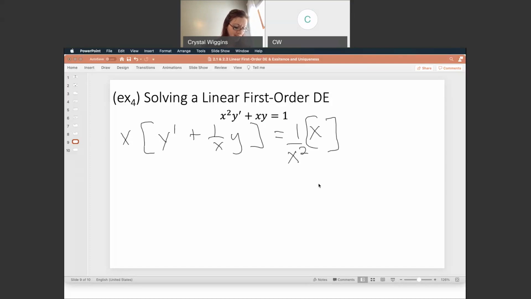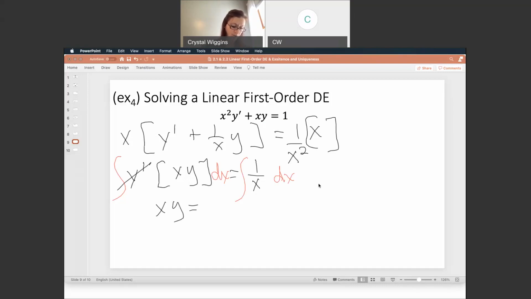We know that the left side will reduce to the derivative of the product of the integrating factor and y. And if we look at the right side, it simplifies to 1 over x. We are ready to take the antiderivative of both sides, or the integral. And the integral of y prime leaves us with the product xy.